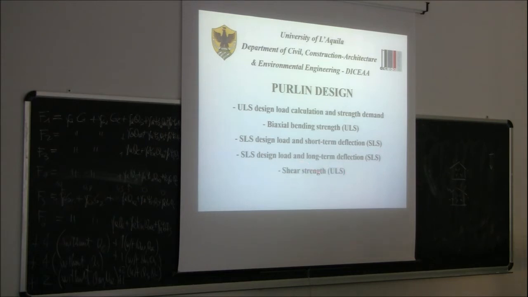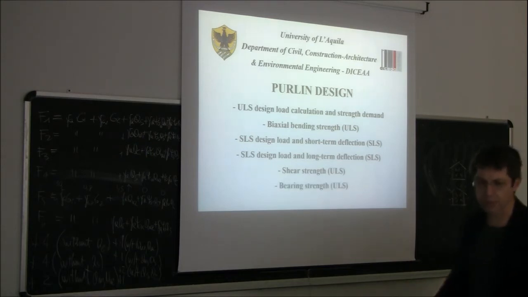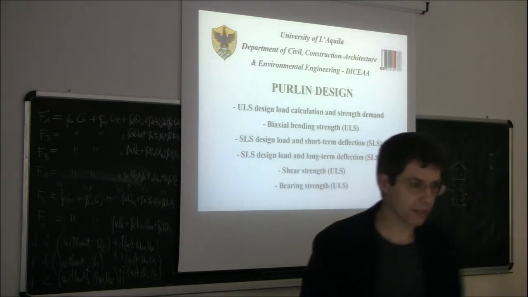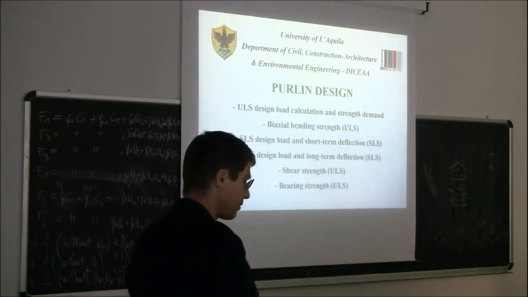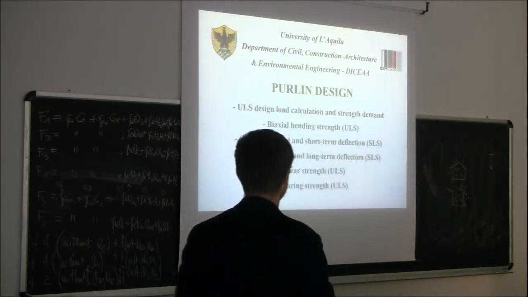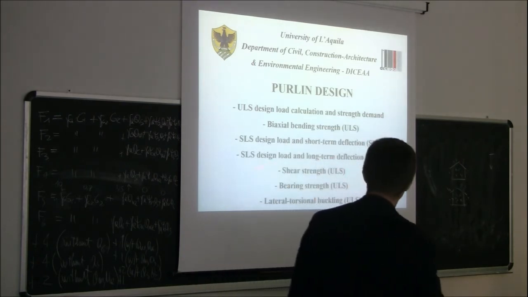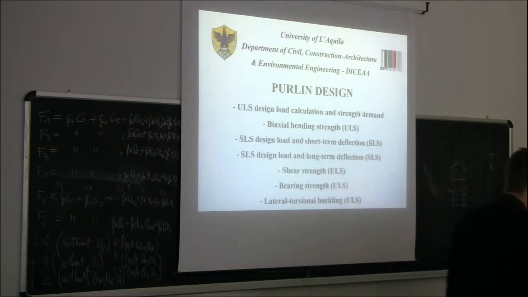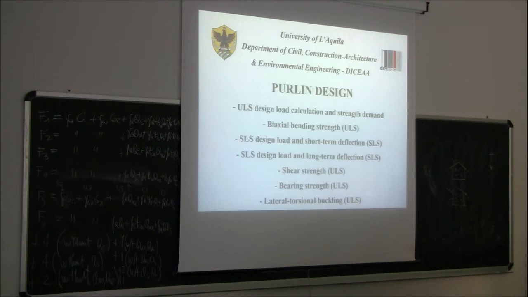Then shear strength at ultimate limit state, so another verification of the ultimate limit state. Bearing strength, which means the length of the support of the beam in order to avoid compression perpendicular to the grain. And last but not least, lateral torsional buckling. Okay? So this is the sequence of checks that we have to do on the purlin. So we start from the first point.